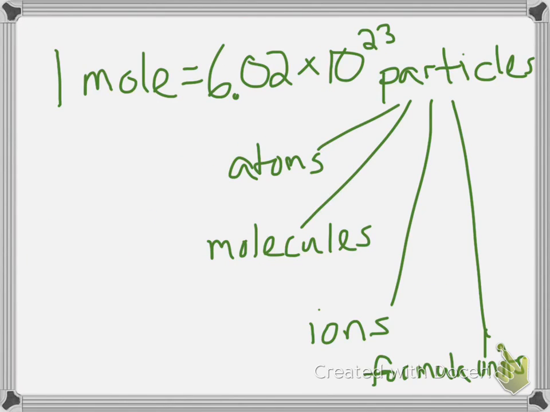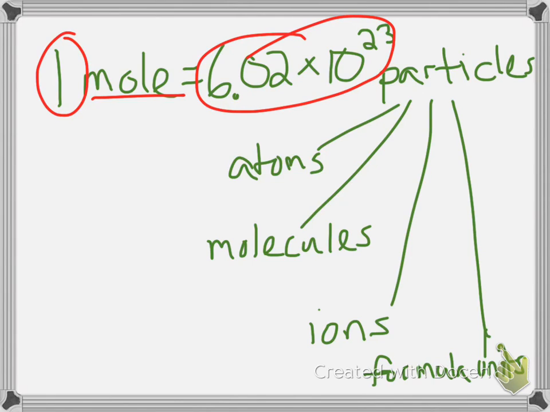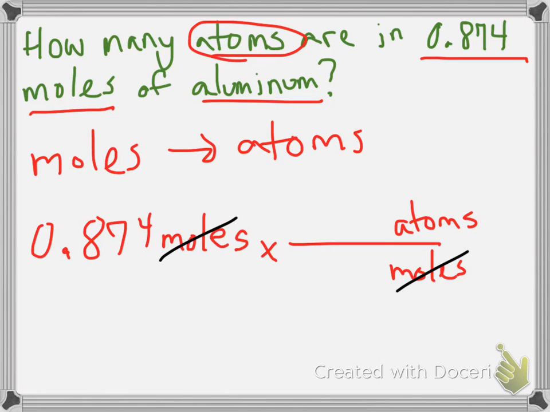From our conversion factor, I know that the number 1 goes with mole, and the number 6.02 times 10 to the 23rd goes with particles. So I will put a 1 next to mole, and 6.02 times 10 to the 23rd next to atoms. And I want you to notice atoms is left over, so that's the unit that I end up with, which is good because that was my unknown.